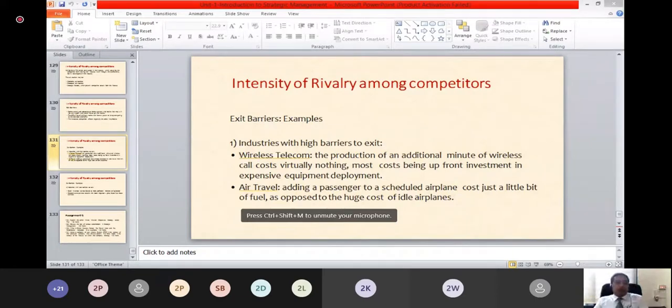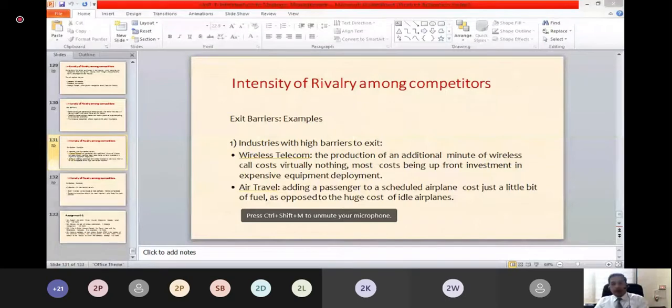Such an example is wireless telecom. The production of an additional minute of a wireless call costs virtually nothing, most cost being upfront investment in expensive equipment deployment.